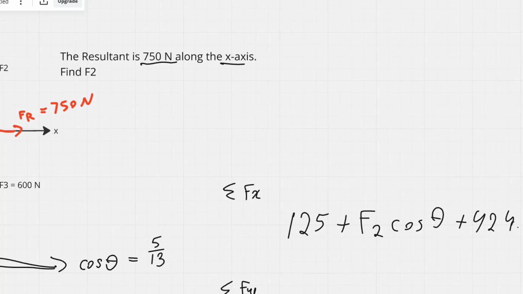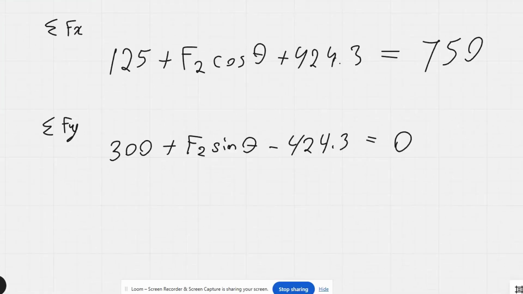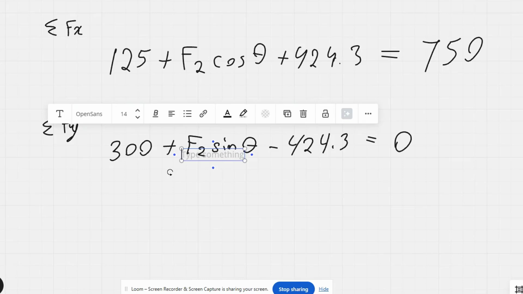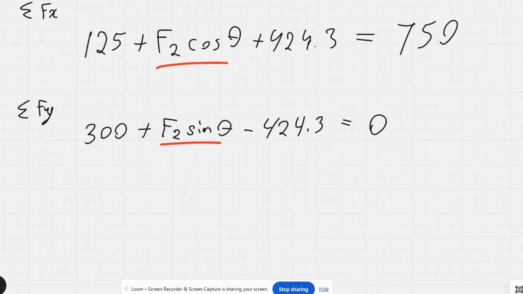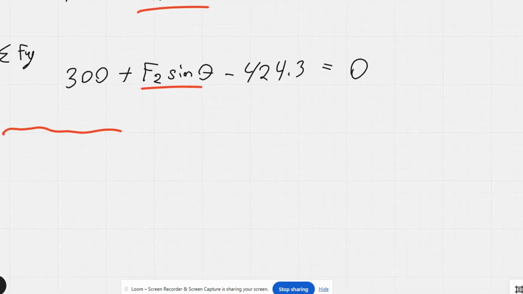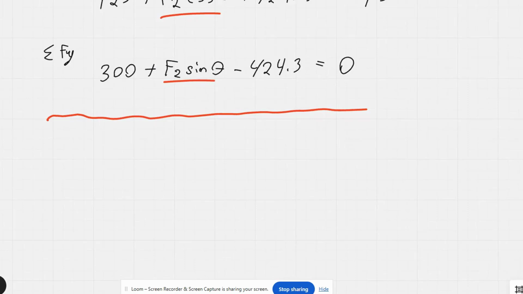And so now what we have is two equations and two unknowns, right? We have our F2 sine of theta and our F2 cosine of theta. So it's basically theta and F2. Those are our two equations, two unknowns. And so we can solve this using a system of equations. First things first, we're going to try to isolate F2 from the first equation.